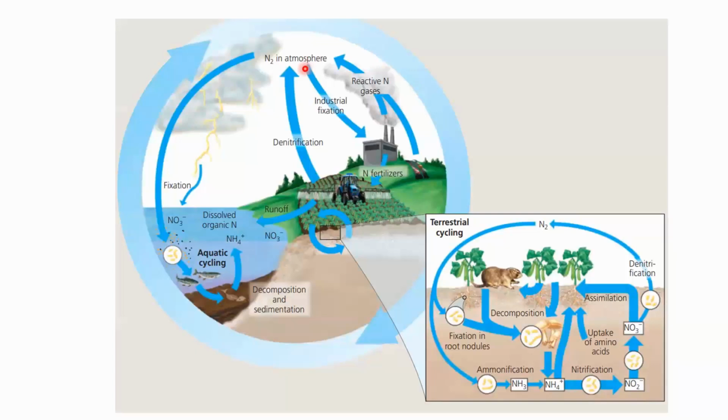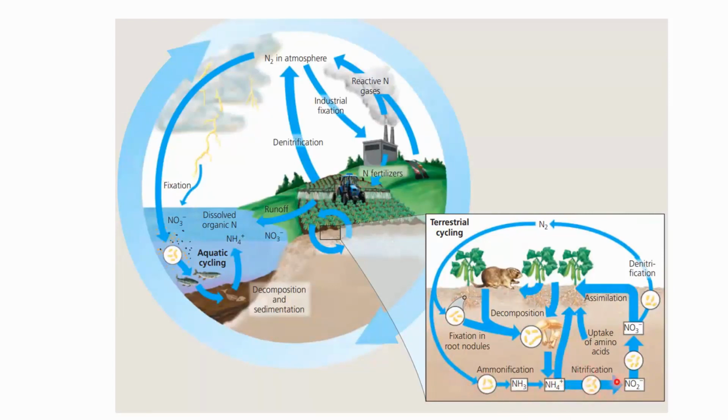So this is the terrestrial cycling in more detail, where atmospheric nitrogen is fixed by bacteria in the root nodules of the plants. For this fixed nitrogen, the processes are ammonification and nitrification, where bacteria convert the ammonia into ammonium ions.